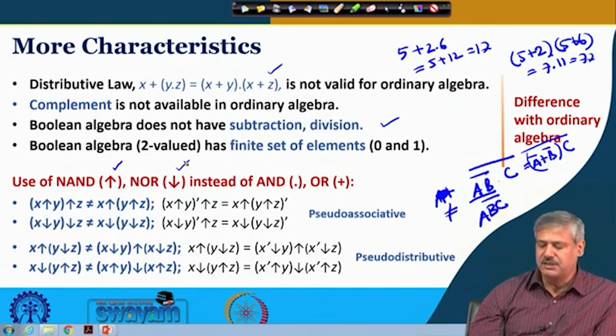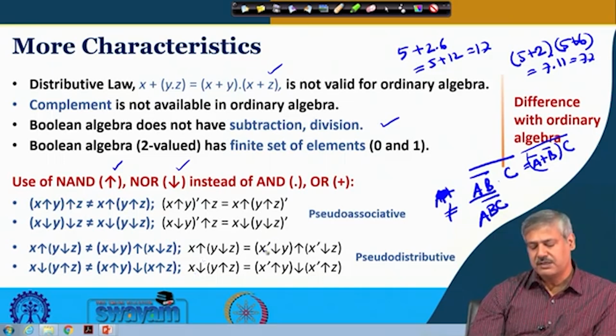But if you check the relationship, then using De Morgan's theorem, if you just expand it and put it together, instead of this x NAND y NOR z, the way I have put it in parenthesis, it is x prime NOR with y prime, x prime NOR with z, and when there is an AND operation between these two, then we shall get whatever is there in the left hand side.